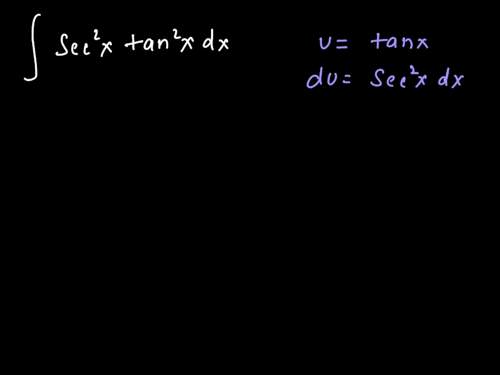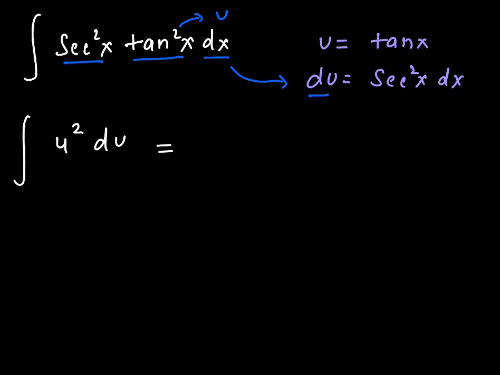Now we can see that secant square x into dx is going to be replaced by du, and tangent x is going to be replaced by u. So we would have this as u square into du.